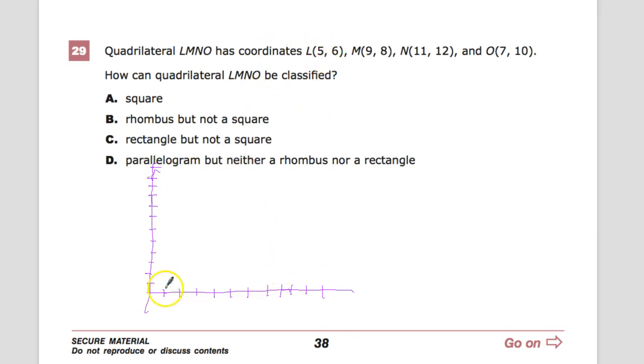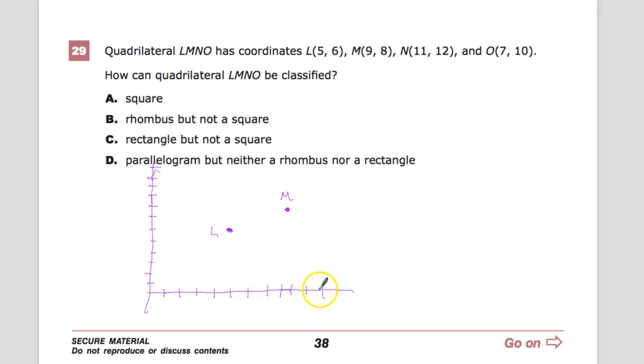So point L is at (5, 6): 1, 2, 3, 4, 5, and 1, 2, 3, 4, 5, 6. That's point L. M is at (9, 8), so this is 5, 6, 7, 8, 9, and 6, 7, 8. Obviously it helps if you can draw to scale better than me.